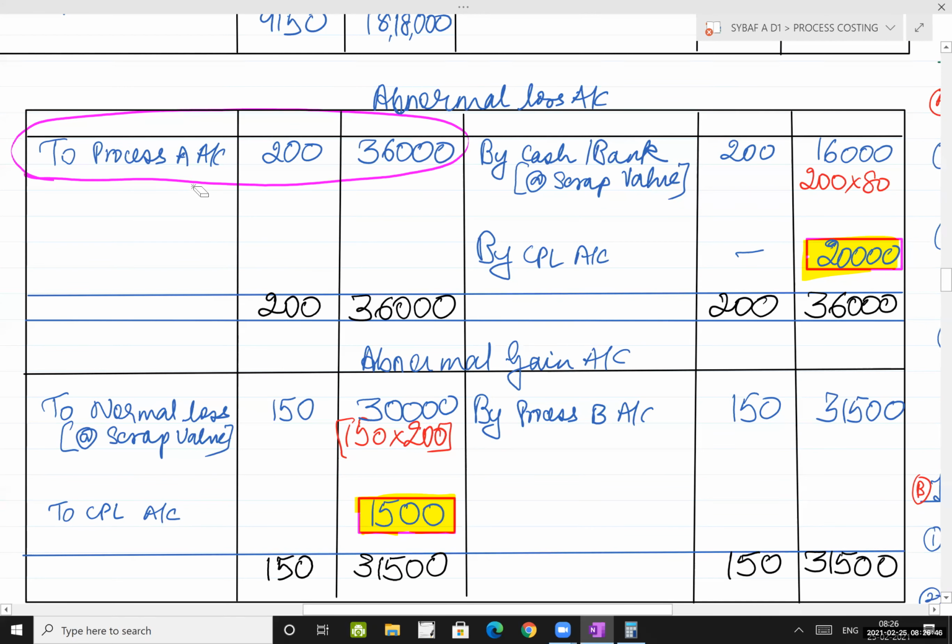Okay, this is at which price? Cost price. Our answer had come as cost price 80. Yeah, 80. Then what is our assumption? It is saleable at scrap value.